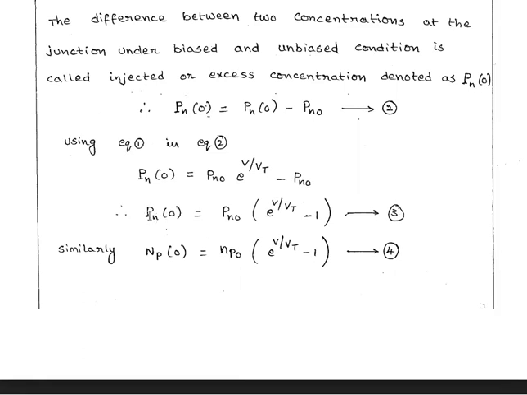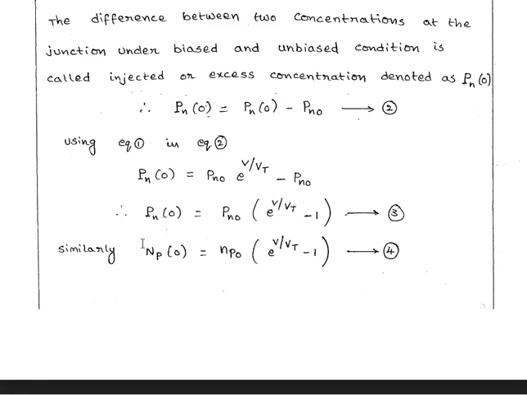Holes in the n-type semiconductor at 0 distance from the junction is equal to Pn0, that is when there is no bias, when open circuited, holes in the n-type region, into e power V by Vt minus 1.